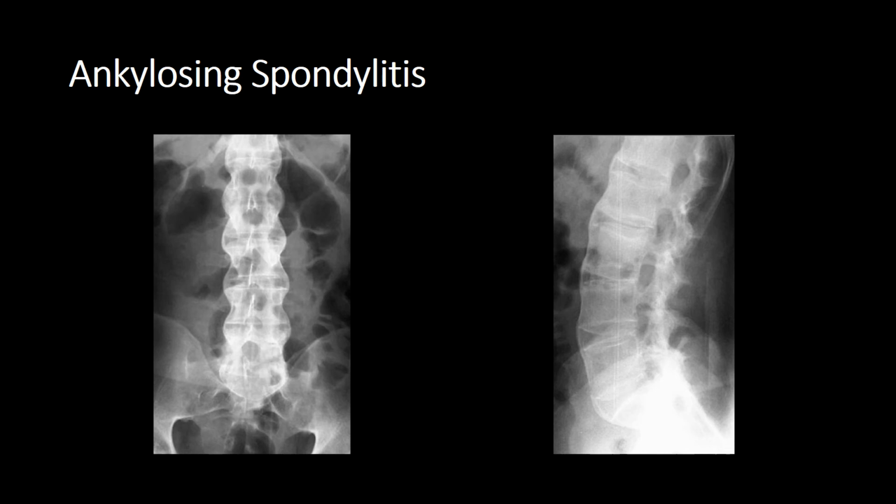And this is a real classic appearance, what's known as bamboo spine, as the vertebrae fuse in all columns. And these are syndesmophytes as opposed to osteophytes, and these are vertically orientated ossification of the Sharpey's fibres, and you get fusion in all 3 columns.